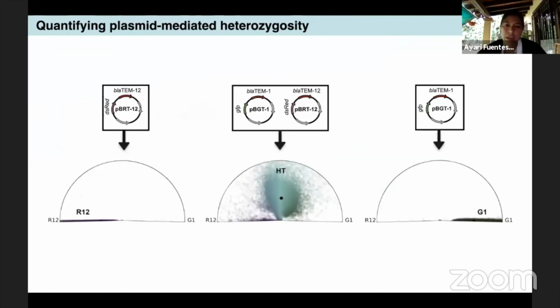And now in this representation, we can see how these three different populations appear. The R12 is going to be just on the left of this arc. The HT is going to be broader; well, almost everything is going to be in the middle, but it's going to be really dispersed in all the graph. And the G1 is going to be all to the right.